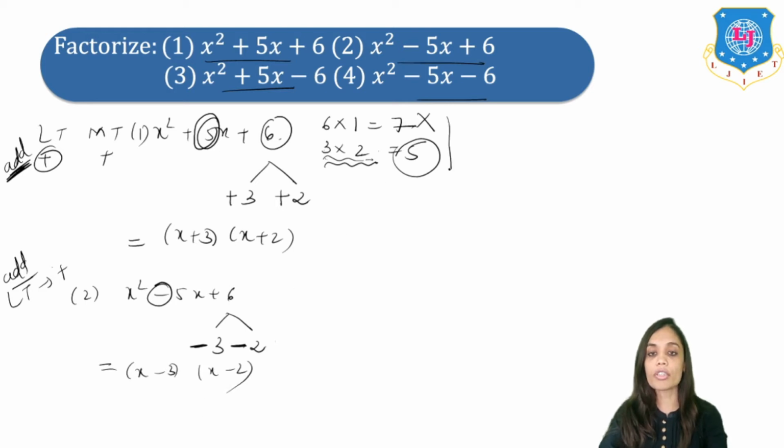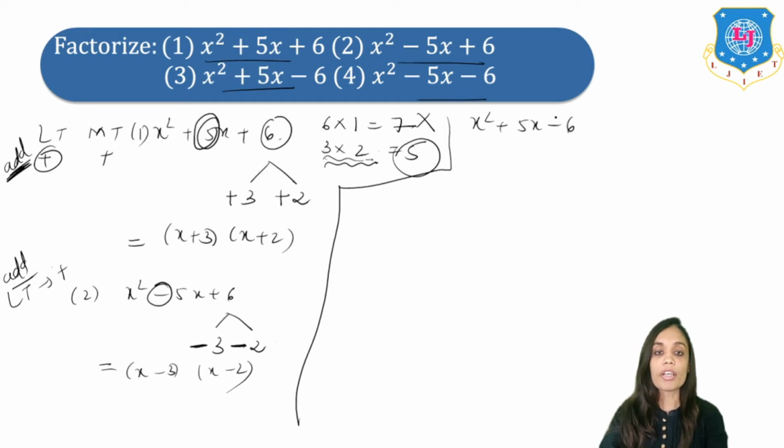Now let us go to our third example, that is x square plus 5x minus 6. Now the last term sign is minus. So we have to subtract the two factors and bring the answer as 5. Again, the possibilities of the factors are only 2, that is 6 and 1, 3 and 2.